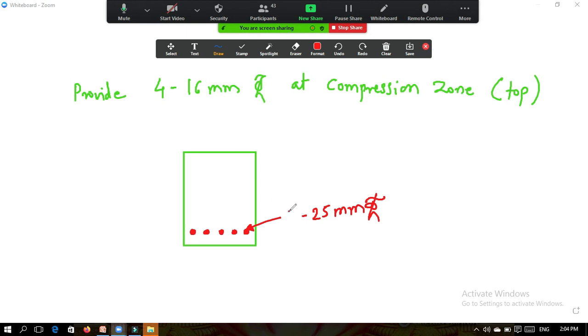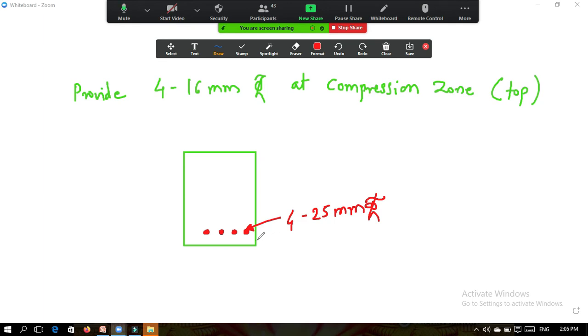The diagram is tentative, just to show the placing of reinforcement. See, here 4 bars. Okay, now it is fine. The diagram is just to show the placing of reinforcement.